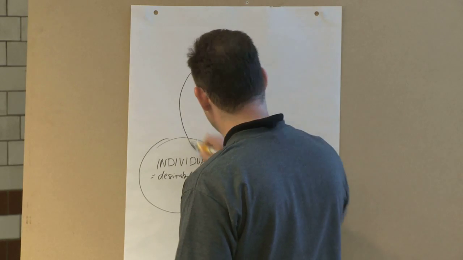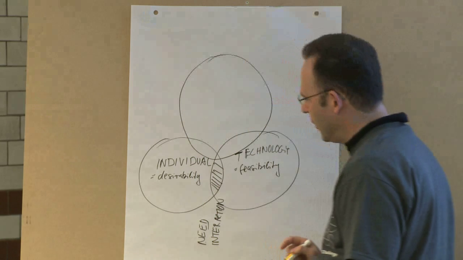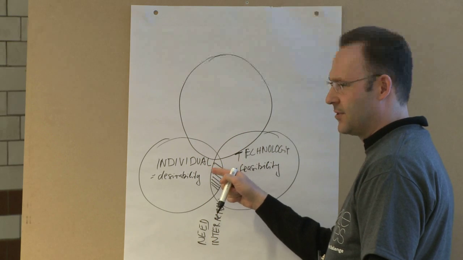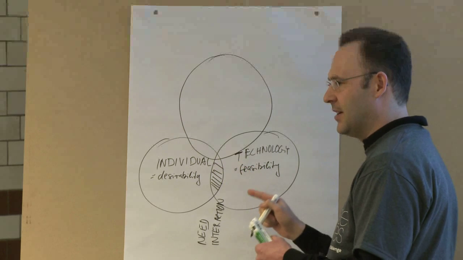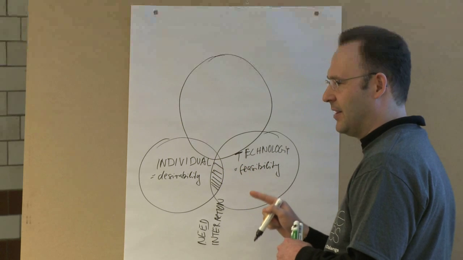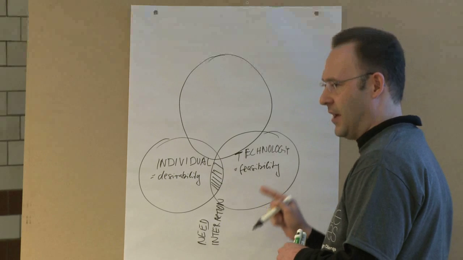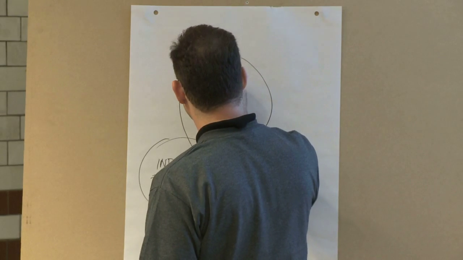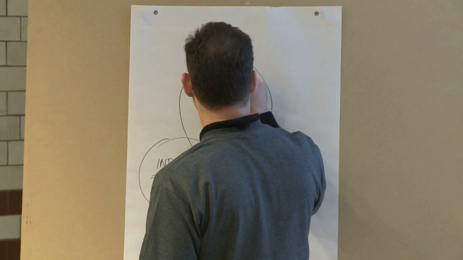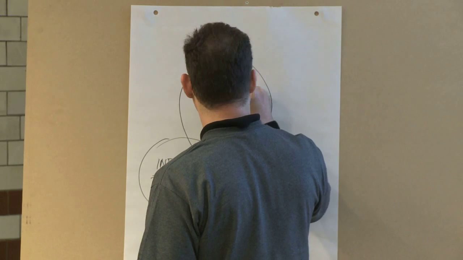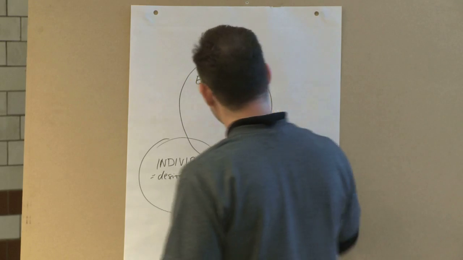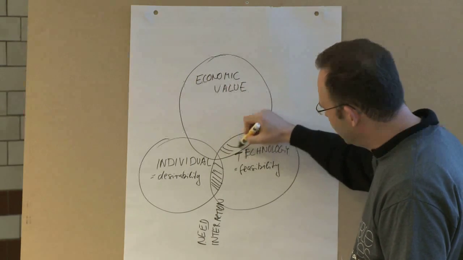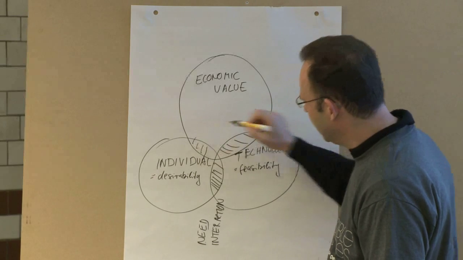Now the third bubble needs to come in. And the third bubble is the sum of the individuals, because society on one hand may be seen as a sum of individuals, but at the end of the day, it's even more than that. So what we want to create is an economic value. To make sure that we address this right, we need to talk about those two fields that are overlapping here.